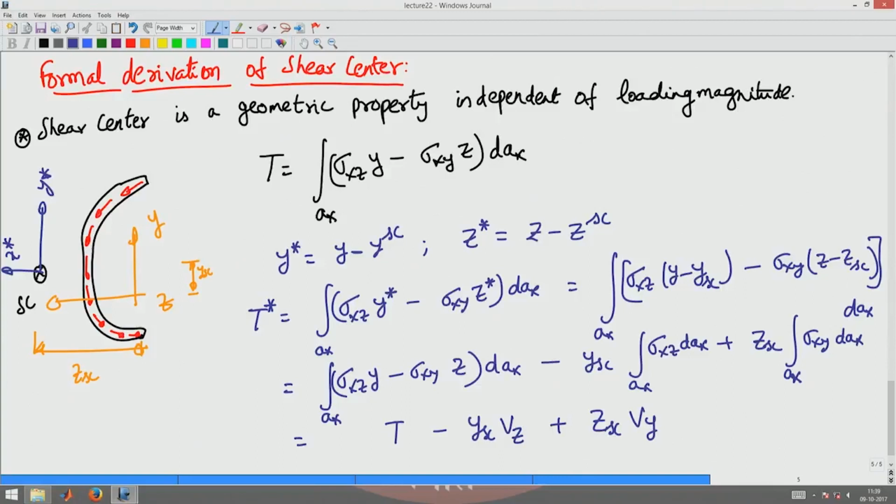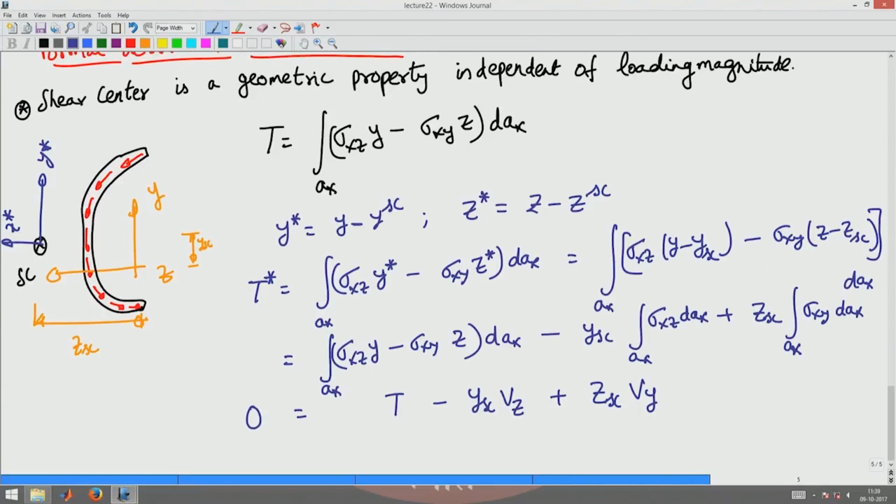And what is the definition of shear center? The torsional moment about the shear center is 0. So this has to be 0. Now let us consider a case wherein Vz is 0, the case that we have been looking at all along, then zsc is given by minus T divided by Vy.